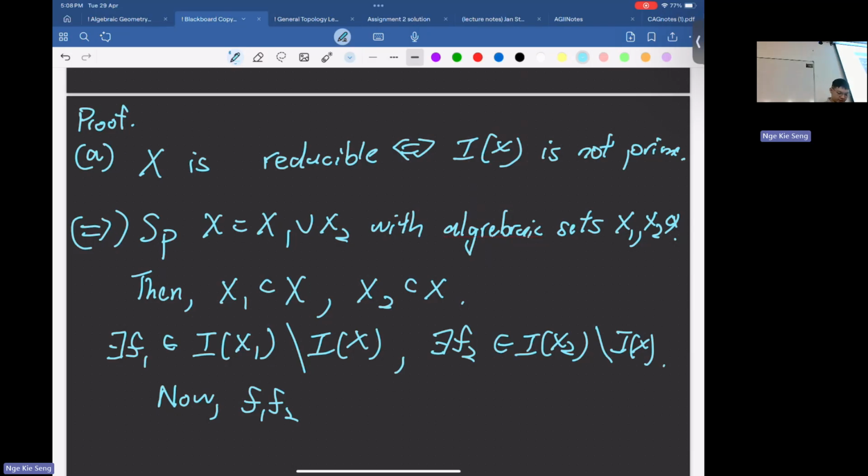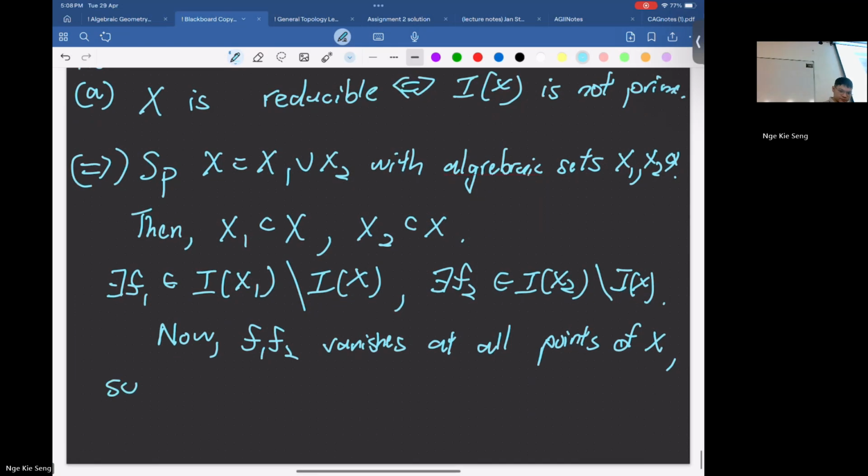This product will vanish at all points of X. So f1 f2 actually lives in the ideal I(X).